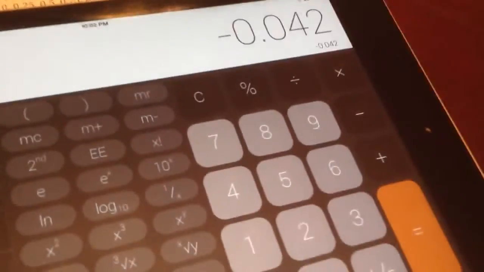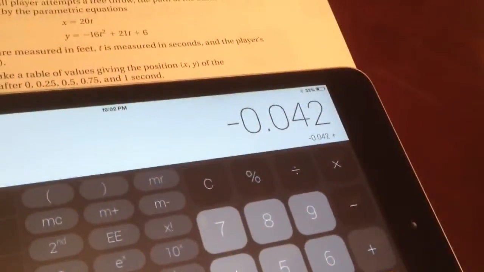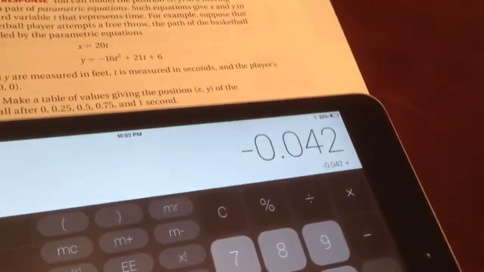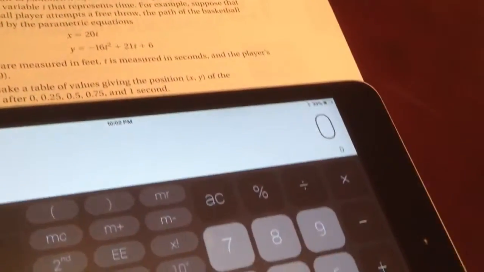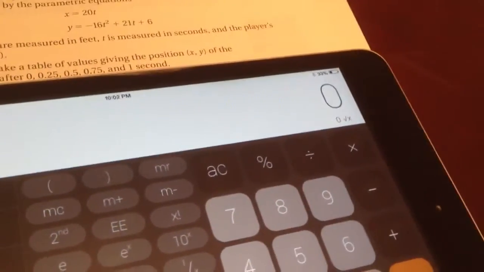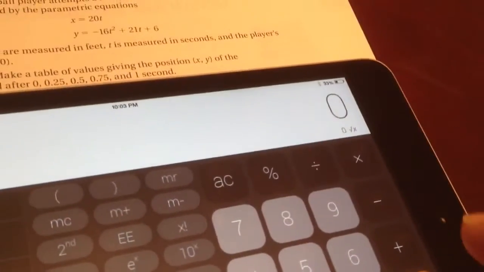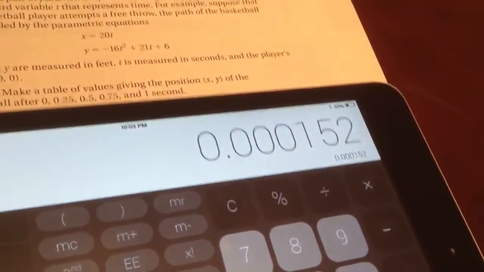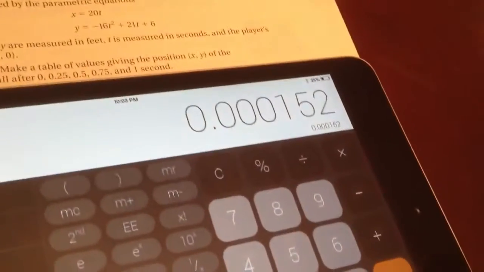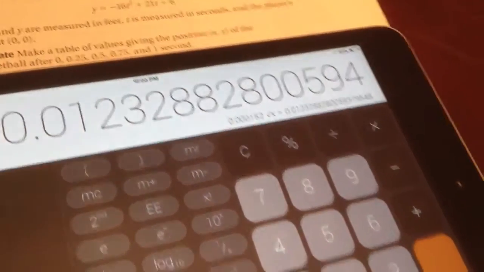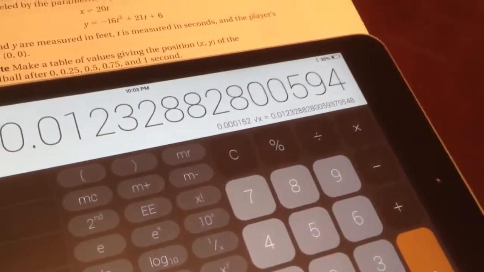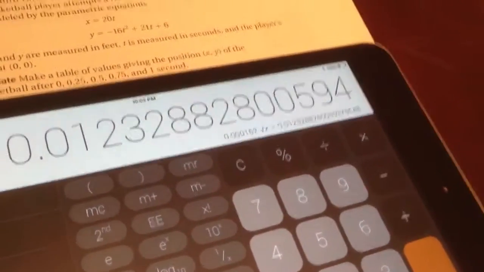It's going to make me do the square root first. Okay, so if we take the square root of 0.000152, that is going to be 0.0123. So let's just remember that, and let's round this one a little bit. It'll be okay in this case.